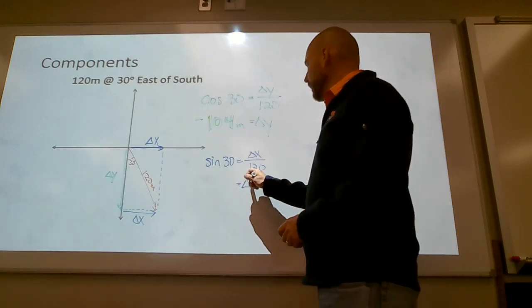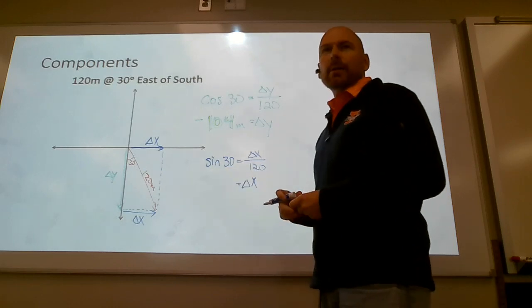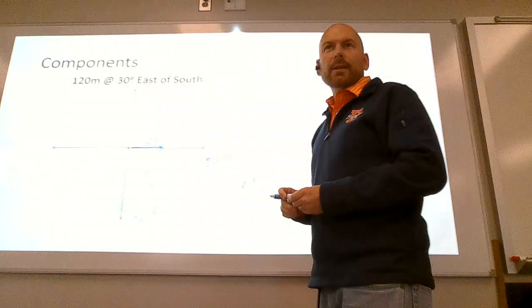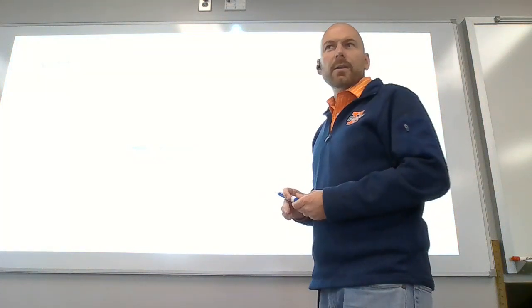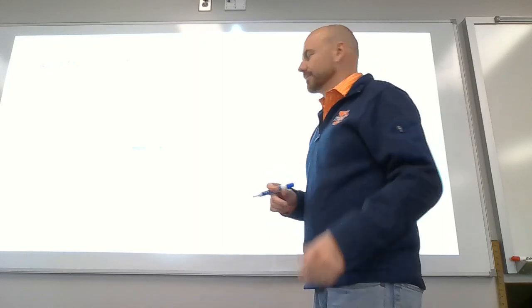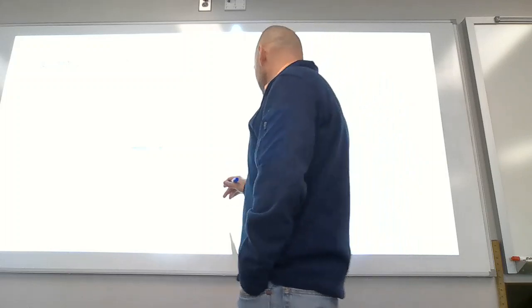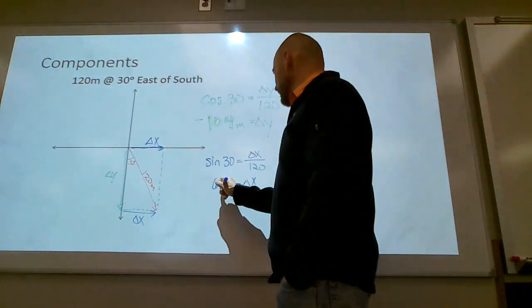At what point in your educational experience have they taught you that sine 30 is 1/2? Is that something that has already been ingrained in your brain yet? You get that in pre-cal? Yeah, you get it second semester. All right. So here's a little foreshadowing. This is 0.5, and so this is 60 meters.